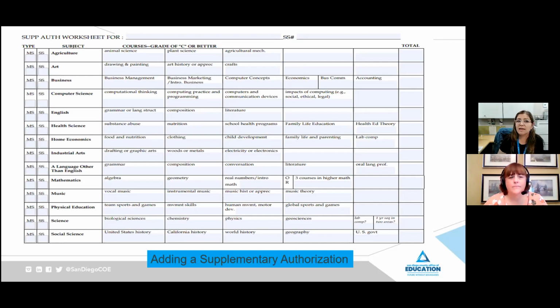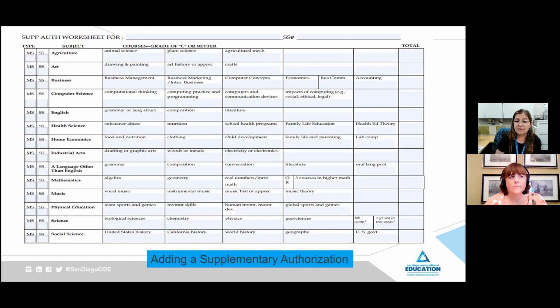So you would need at least one algebra class, one geometry class, one intro math, or if you had 3 courses or higher of math, those would qualify, but you have to have 20 units total. So any other math classes that you have will count, as long as they're 100 and above.